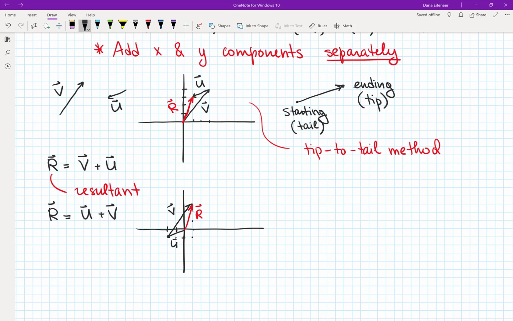Okay. Now you also may have noticed that I'm kind of moving vectors around. So I need to tell you this too. Vectors don't have a definite location.